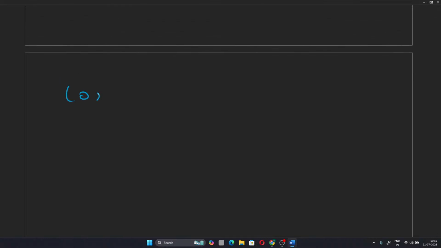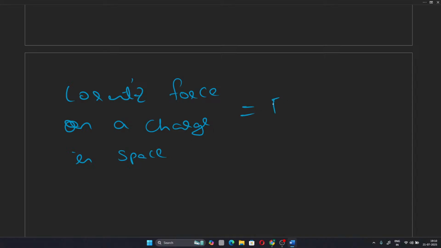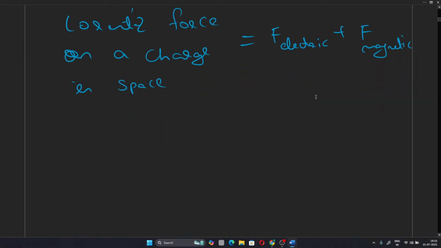Lorentz force is basically the force on a charge in space, which equals F electric, the force due to the electric field, plus F magnetic, the force due to the magnetic field. The force due to the electric field is qE, plus the magnetic force, which is qvB, which we'll see later.